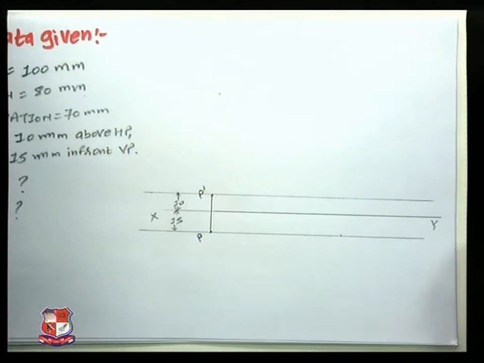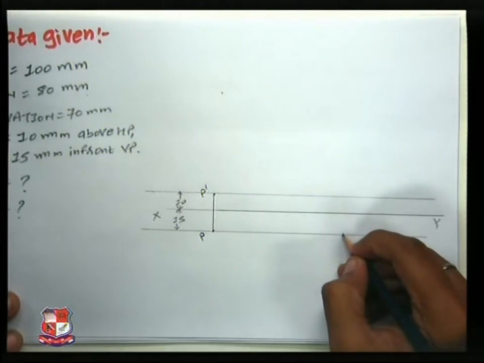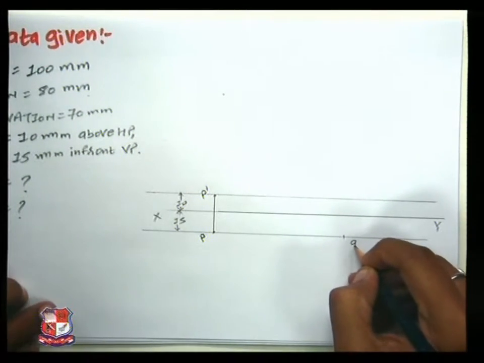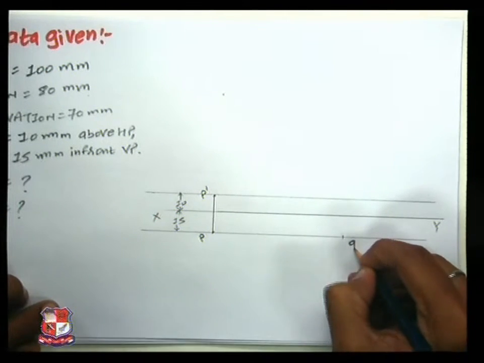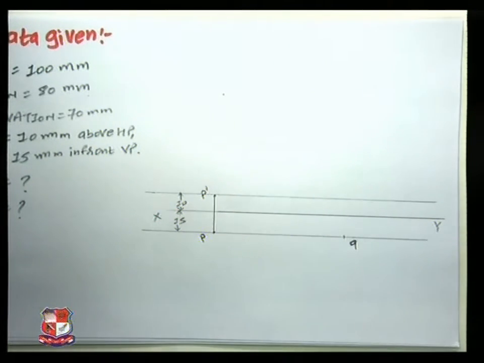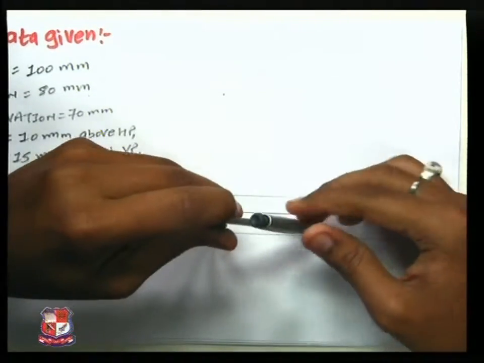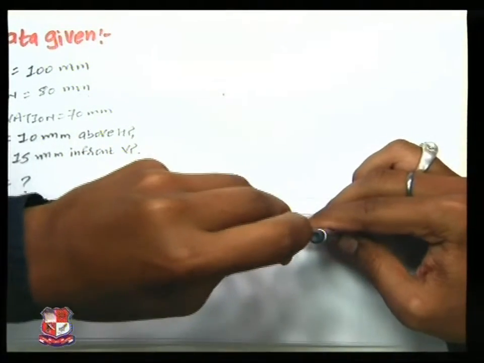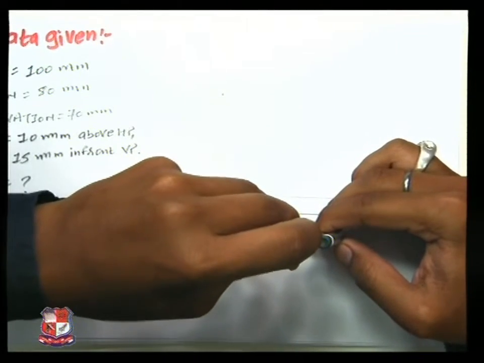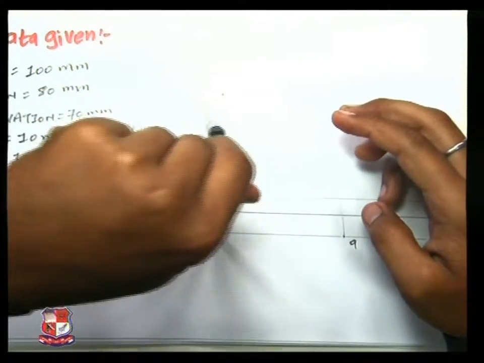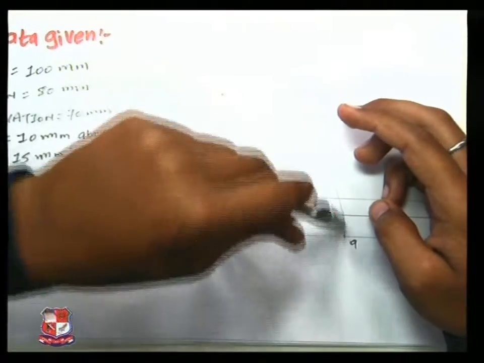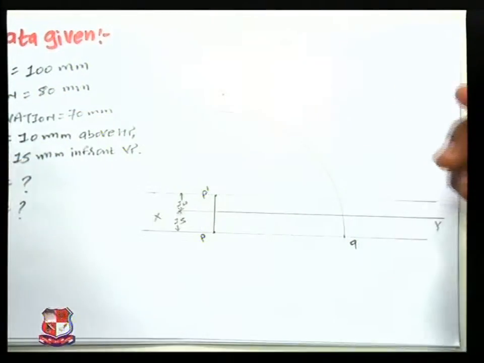We have marked it horizontally, naming it as small q. Taking P as center and Q as radius, marking an arc like this.